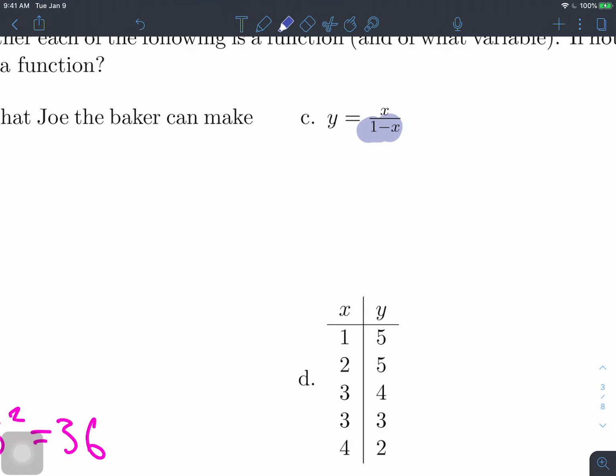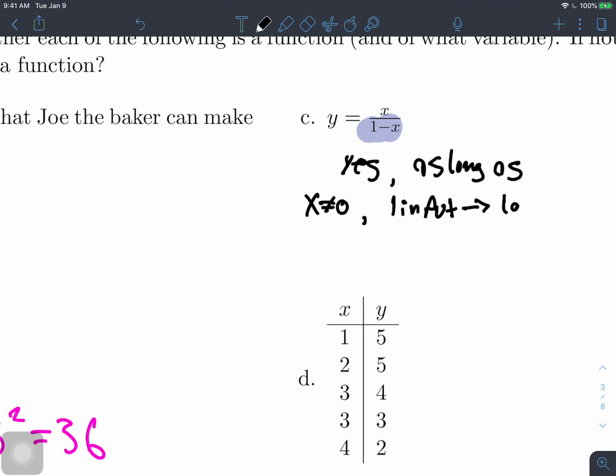And that's bad. However, it's not going to violate the fact that this is a function. The answer is yes, it is a function, because as long as x is not equal to 1, one input gives us one output.